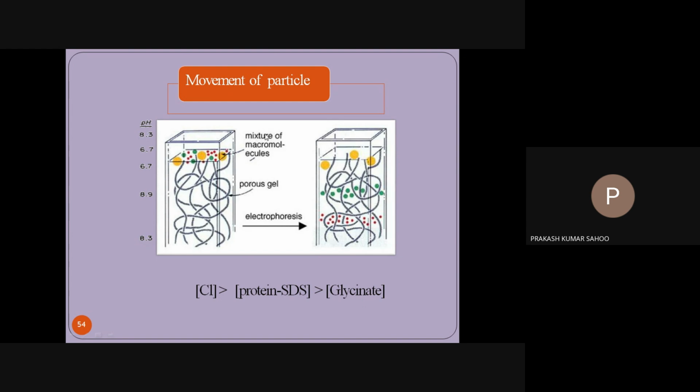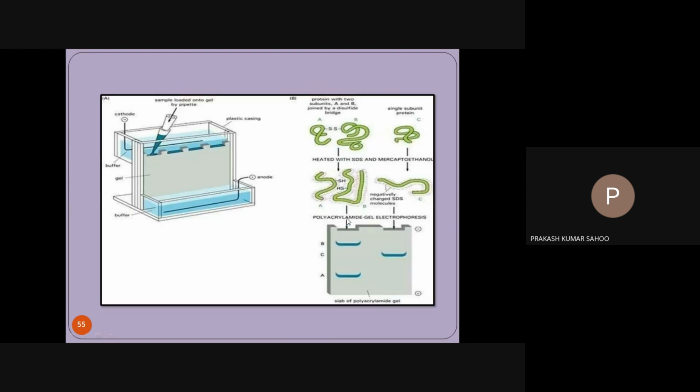And this is a mixture of macromolecules, that is the protein, and the different particles with different charges, that is positive and negative charges. Under the influence of this SDS-PAGE, they will be separated on the basis of their interaction or migration.